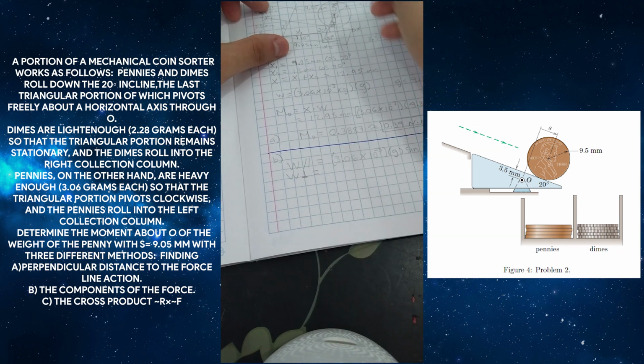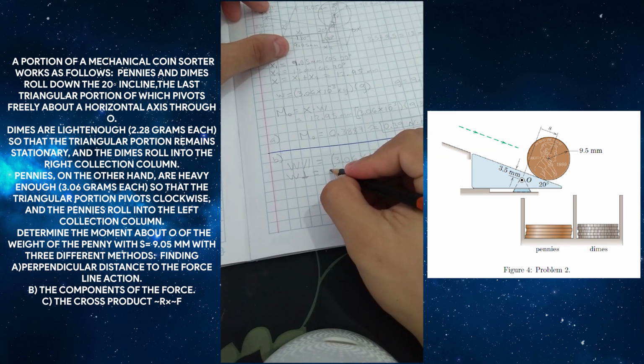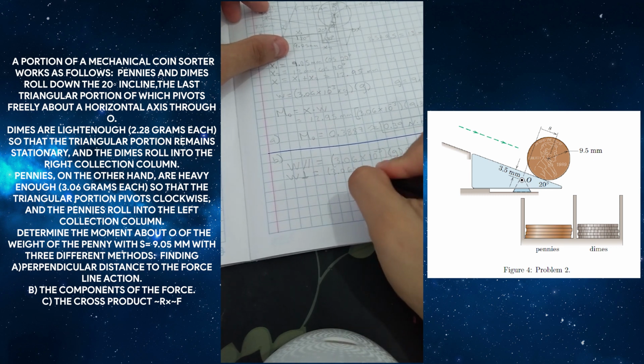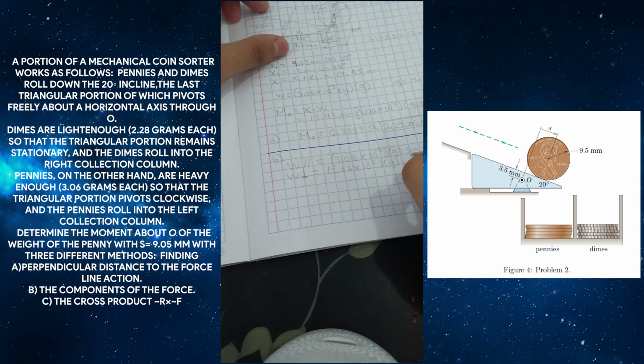Then this side is the weight, that is 3.06 times 10 power negative 3 times gravity times cosine of 20 degrees.